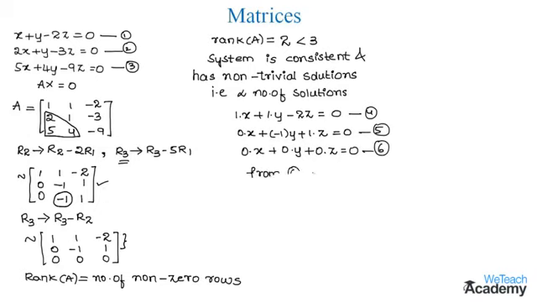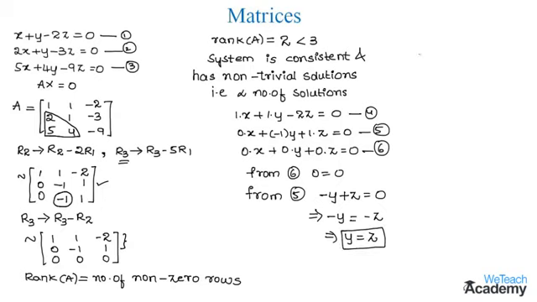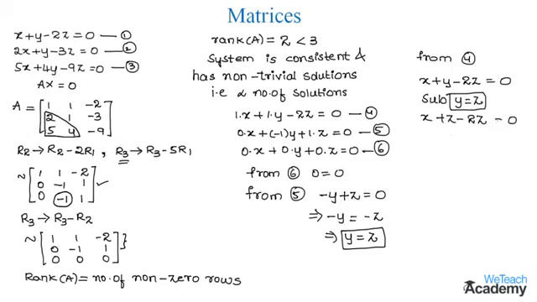So from equation 6, 0 = 0, and from equation 5 we get -y + z = 0. So that implies -y = -z, so the value of y is equal to z. And from equation 4, which is x + y - 2z = 0, by substituting the value of y = z in the equation, we get x + z - 2z = 0.